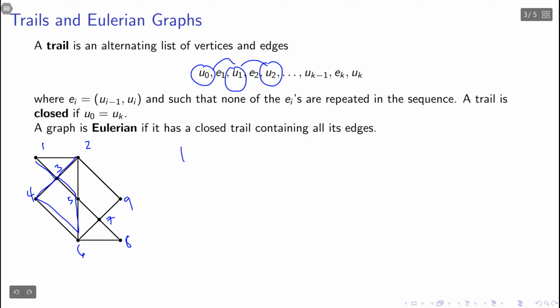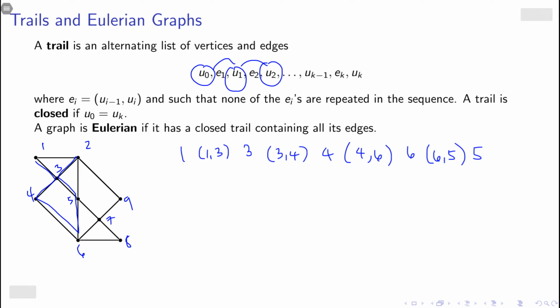So I can write that as 1, and then you have the edge 1, 3, and then you have the vertex 3 and the edge 3, 4. Right? It's an alternating list of vertices and edges. Now, we won't always have to write the edges in between. I could just be writing 1, 3, 4, 6, 5, 3, 2 instead.